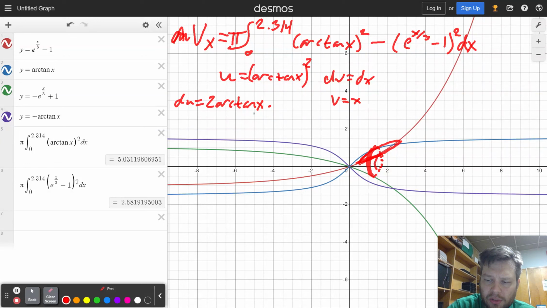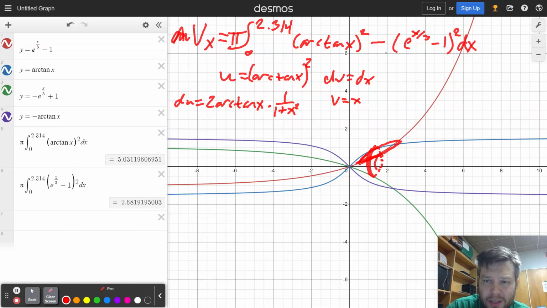I think it's just 1 over 1 plus x squared. And then I'd have to do another integration by parts. So that's going to get pretty nasty. And so that one would be hard to do. This first part would be hard to do by hand.